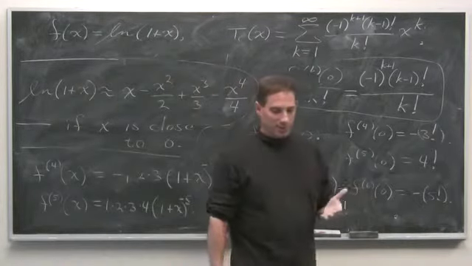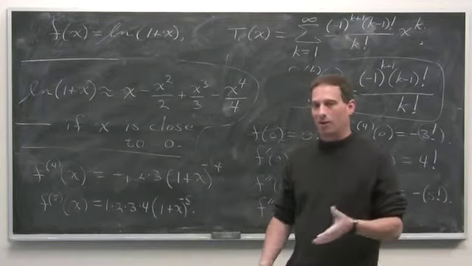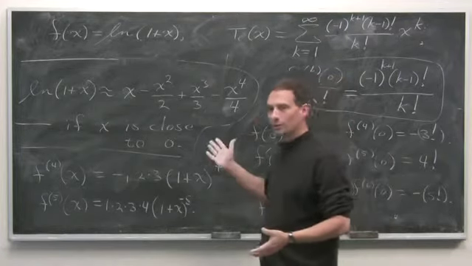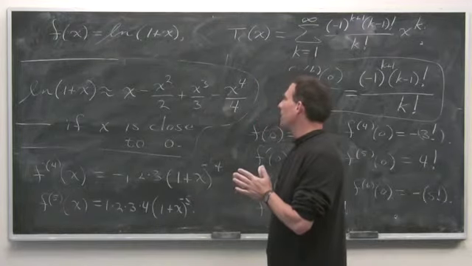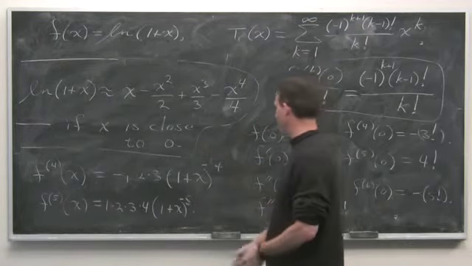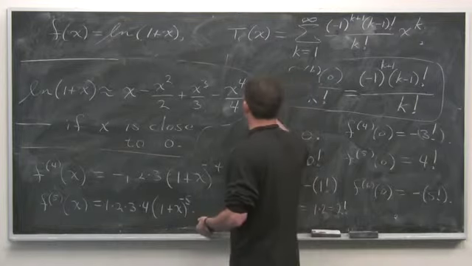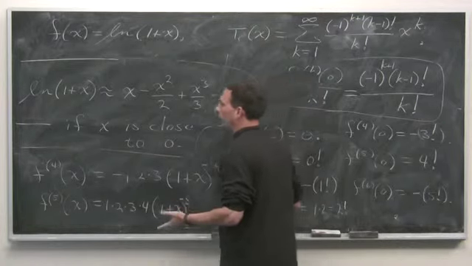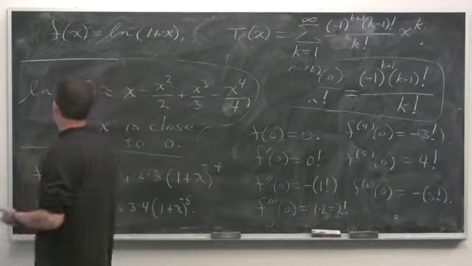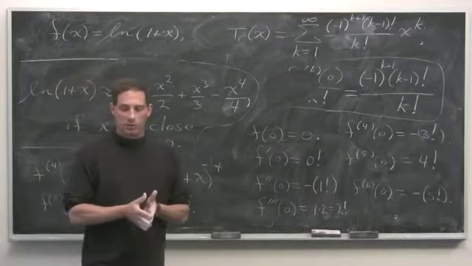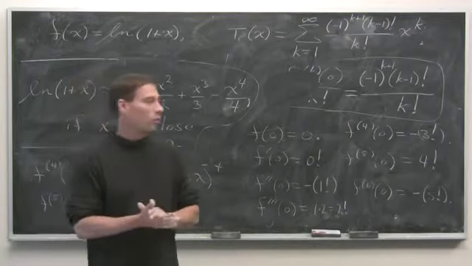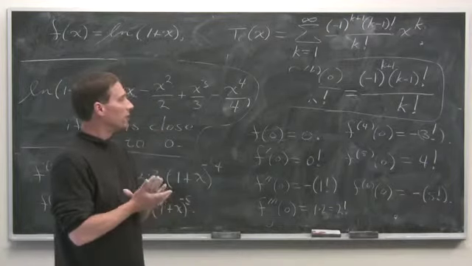In fact, when I'm asked to calculate functions like that by hand, of course I use the Maclaurin series and estimate. We could get out a calculator and do this, but we still wouldn't know how close x has to be to 0 to make this approximation within some desired accuracy. And that's what we're going to look at in the next section.